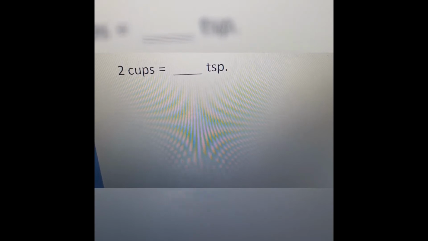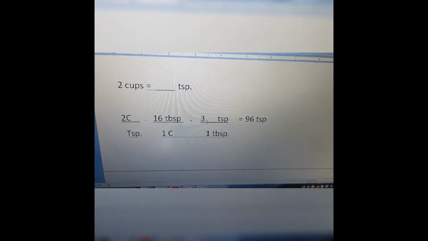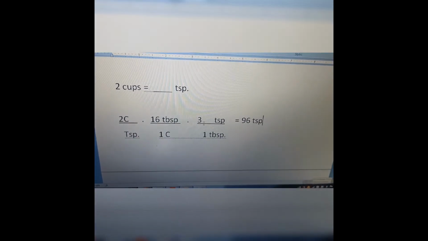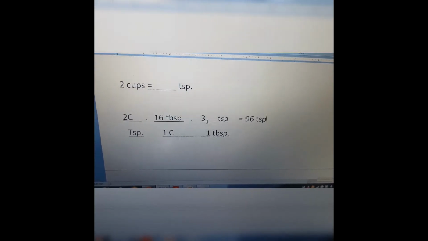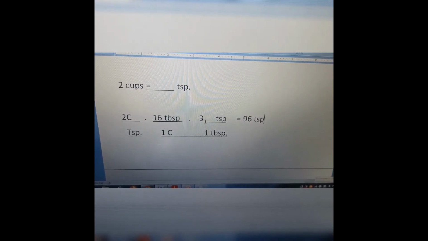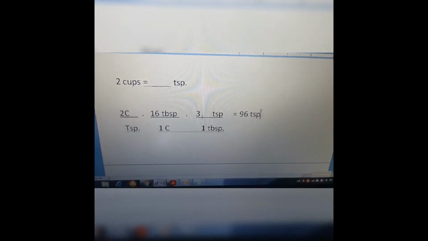You can still use the same method of converting if there is no direct or immediate equivalent of the unit of measurement. For example, cups to teaspoon. Since there is no direct equivalence in the chart for cups to teaspoon, we need to look for a connection. We use 1 cup is equivalent to 16 tablespoons.